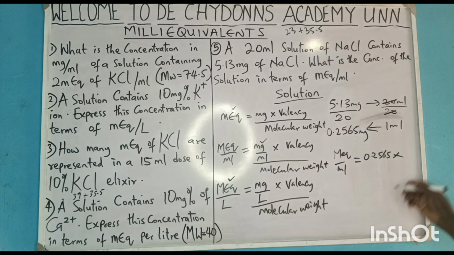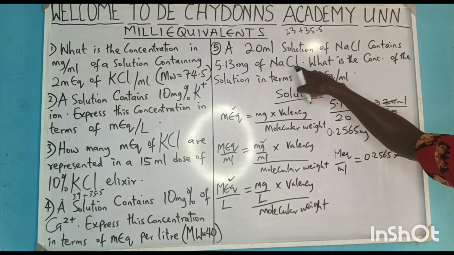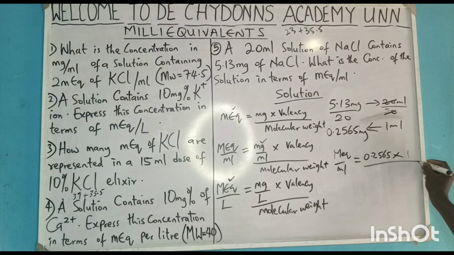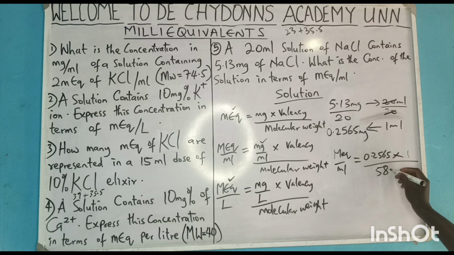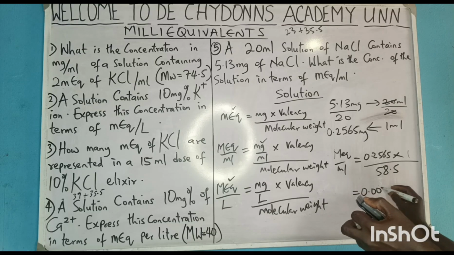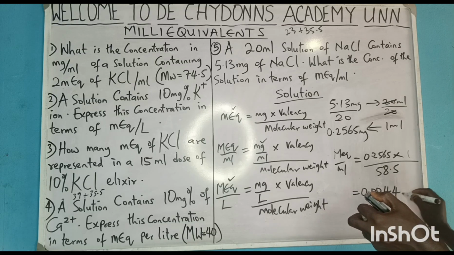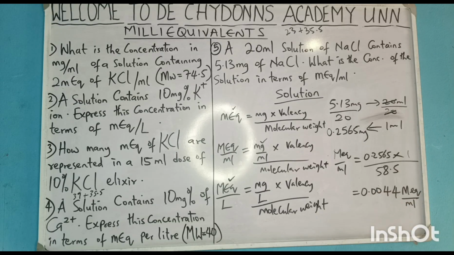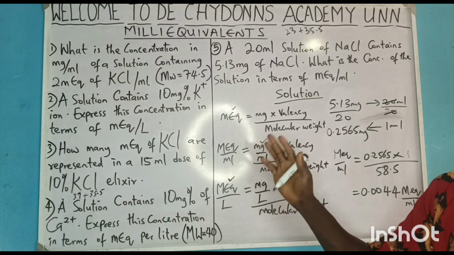That is 58.5. So the valency of sodium is 1, valency of chlorine is 1. I'll say 1 all over 58.5. So I will be having 0.2565 divided by 58.5. That will give me 0.0044 milliequivalent per ml. Are you getting me the point? And so that is how to solve these questions on milliequivalence.